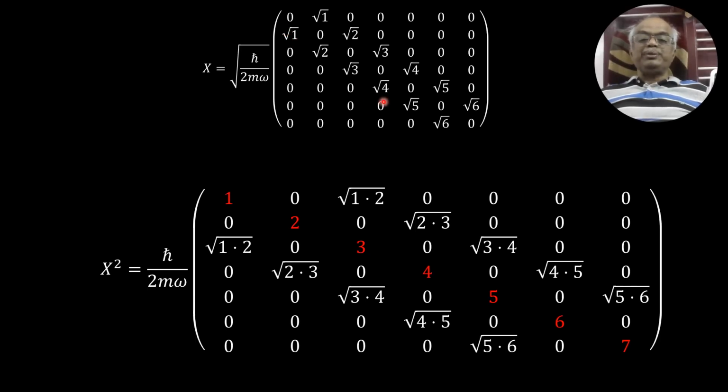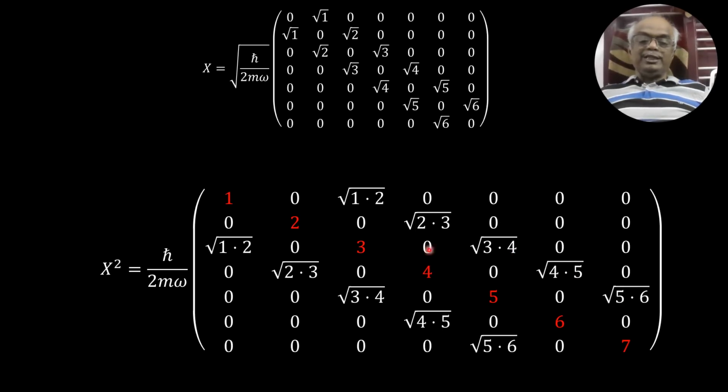In the case of the X matrix, we got these half diagonal elements, that is both the lower half diagonal and the upper half diagonal. Then if you square it, the diagonal elements are 1, 2, 3, 4, 5, 6, 7, and this will be multiplied by H cross over 2 m omega. The second half diagonal elements, the upper diagonal elements, are square root of 1 into 2, square root of 2 into 3, and square root of 3 into 4.